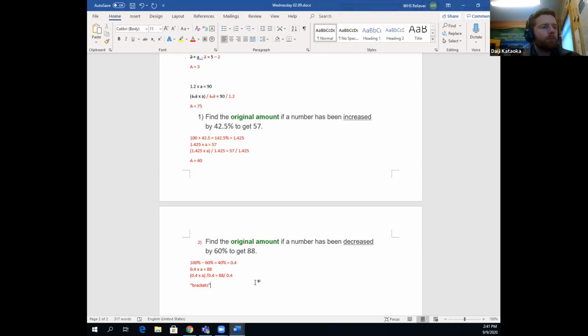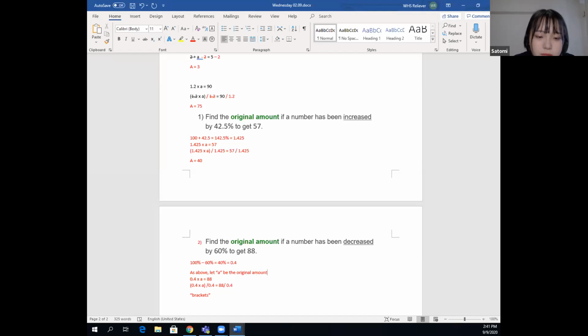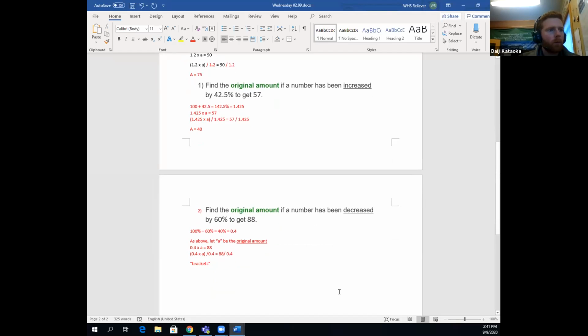Okay, I just want to put a little note in here. As above, let A be the original amount, just so we know why we're using the letter A. So A is the original amount, and that's what we want to find. Okay, what's the answer?